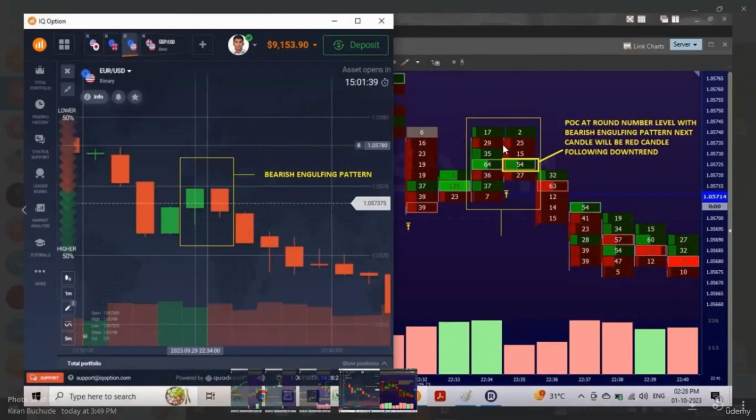If this candlestick in the downtrend market closes exactly below the resistance level and the POC is here, this POC will not work.